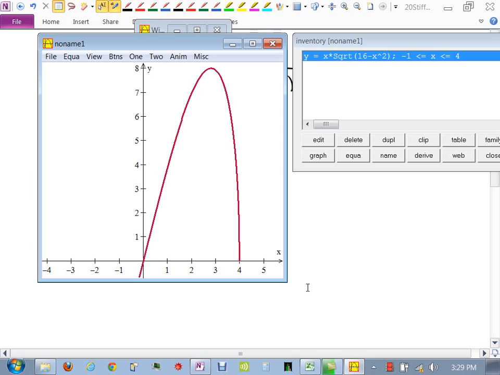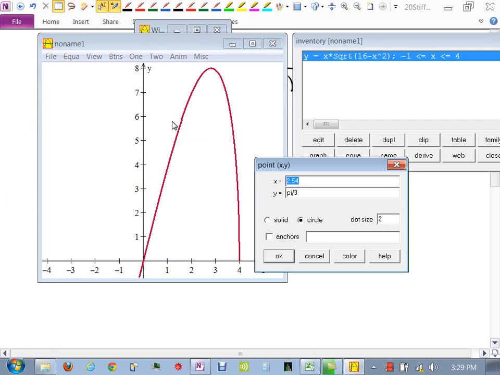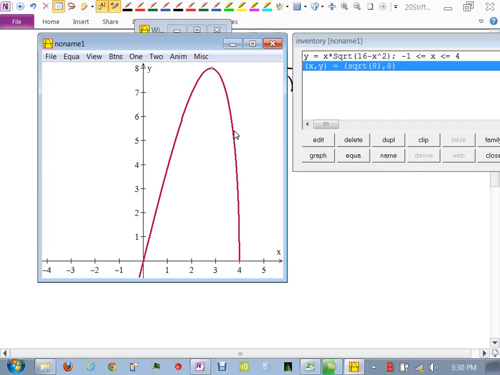I'm just going to go back to this graph. One way I can check this is just taking this and asking it to plot the point, what was it, square root of 8, 8. And that should fall right at that top point, right? There it is. Kind of small, but did you see it pop there? So I'm pretty happy about that.